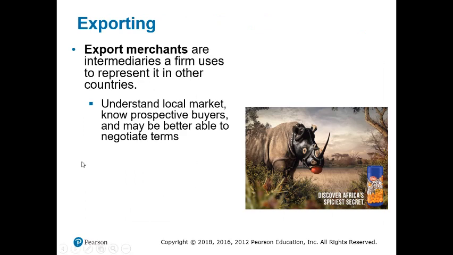So most of the times, the first step, or the most convenient for some companies that do not want to risk much by going into new markets abroad, is simply by exporting your product. You produce here in the United States, for example, you have your manufacturing plants here.